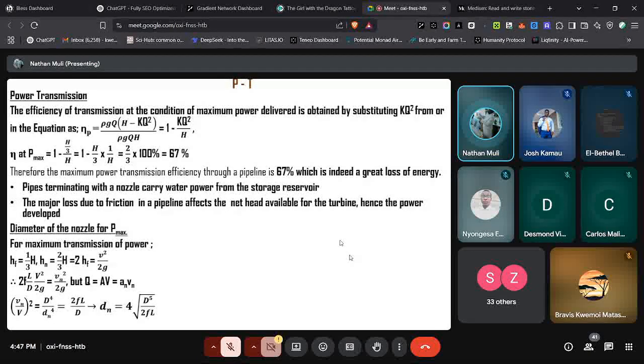That gives us the diameter of that nozzle, which you can fit at the end of your pipeline, and then you have a power transmission to a maximum.